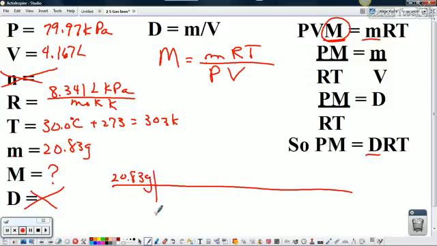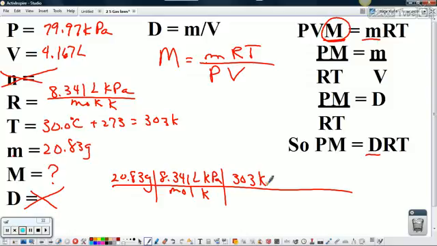My R is on the top, 8.341 liter kPa per mole K. And my T is going to be 303 K.